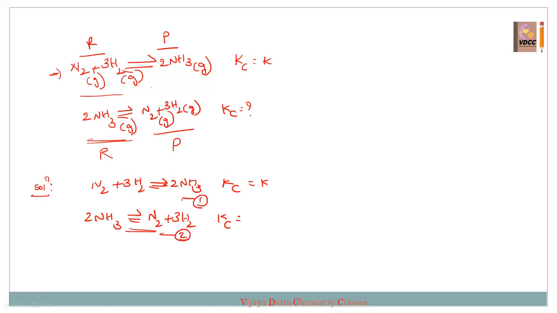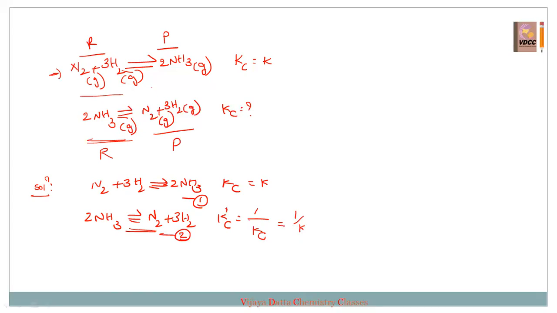By taking the reference of the first reaction, we can write the Kc for the second reaction: by reversing the first reaction we are getting the second reaction, right? So we take the reciprocal of the Kc of the first reaction as the Kc for the second reaction. Suppose we take this as Kc dash, then Kc dash is nothing but the reciprocal of Kc, that is 1 by K.